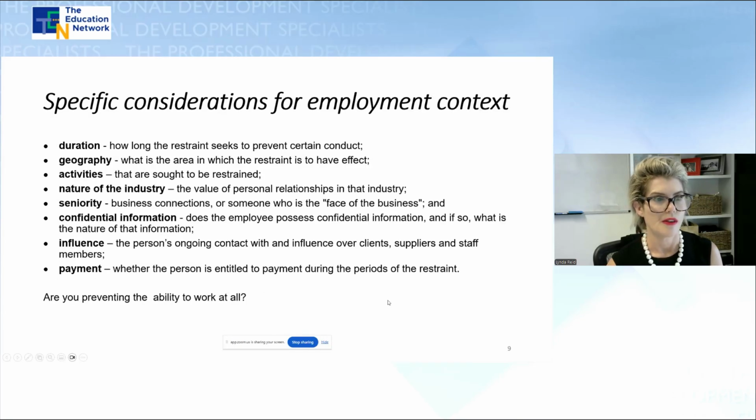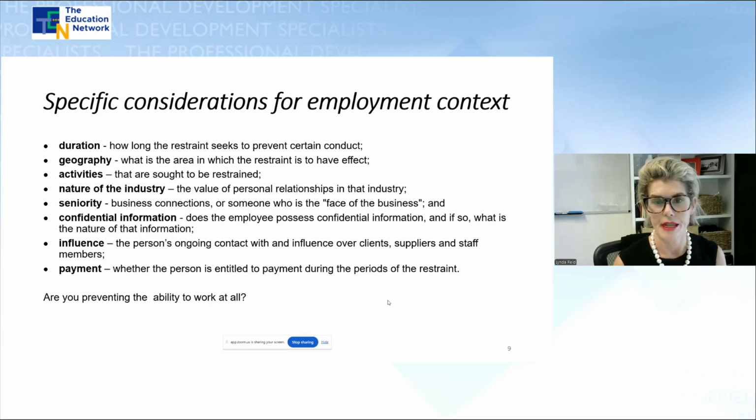So, some of the specific considerations in an employment context, when we're looking to assess whether or not a clause is reasonable and enforceable, is considering things like what we've got up here on the screen right now. So the timing, how long are we seeking to restrain or prevent certain types of conduct from that person or the party involved? The geographical reach.